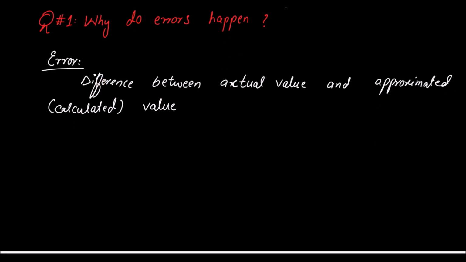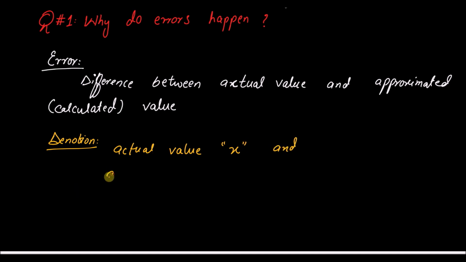We denote the actual value with x, and the approximated, or calculated, value with x star.